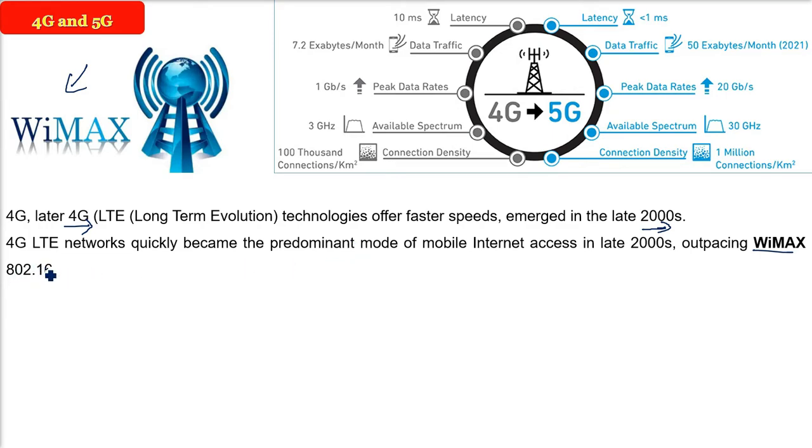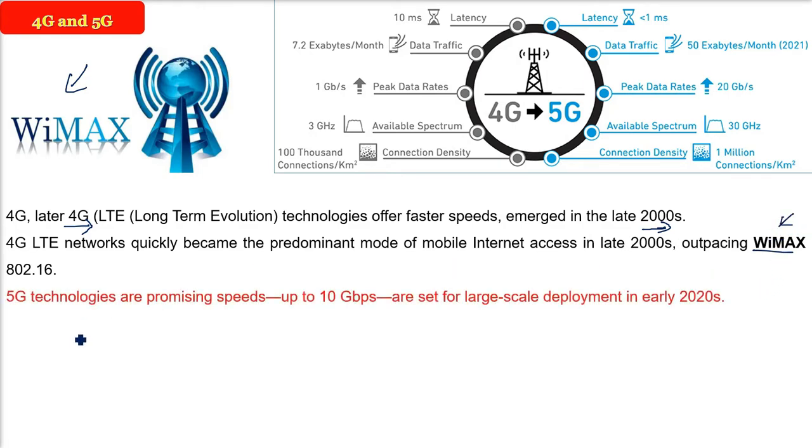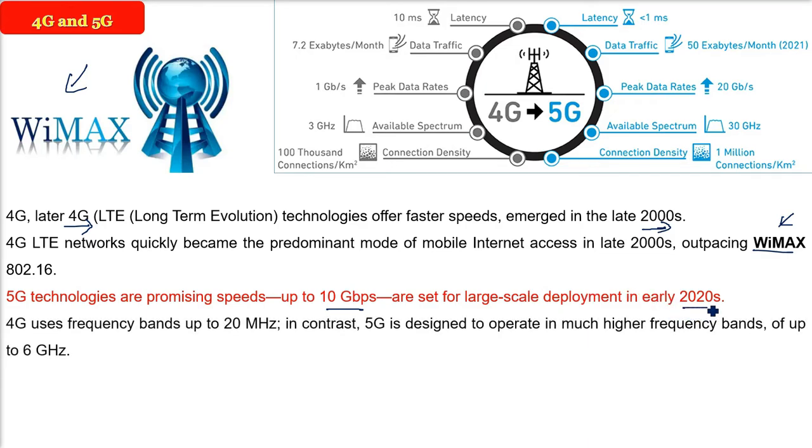WiMAX was a very popular technique, but it was overthrown by this 4G LTE. And 5G technologies are promising speeds of 10 Gbps. In the 2020s, many countries got it, and it's still under deployment.